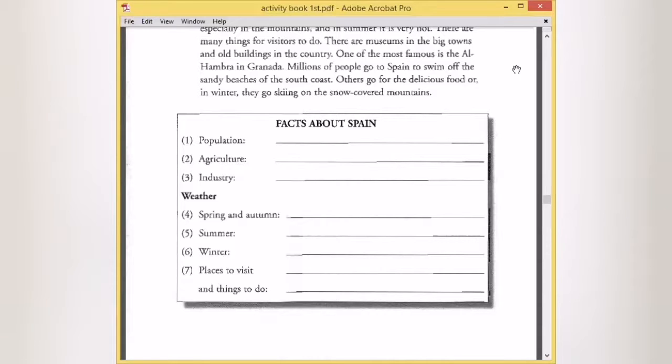And places to visit and things to do: old buildings, museums, beaches, mountains, swimming, eating, skiing, and what is meant by skiing, we will know later.